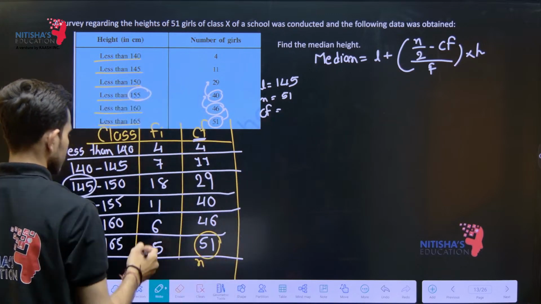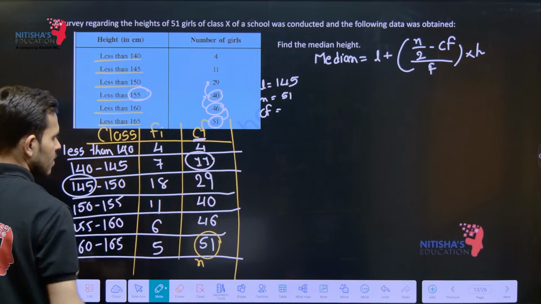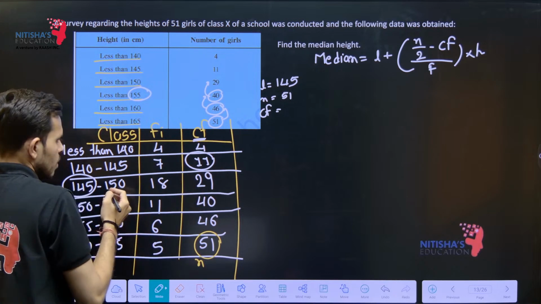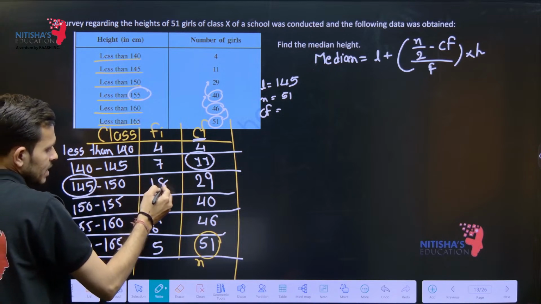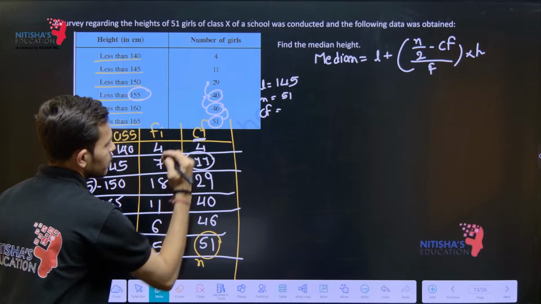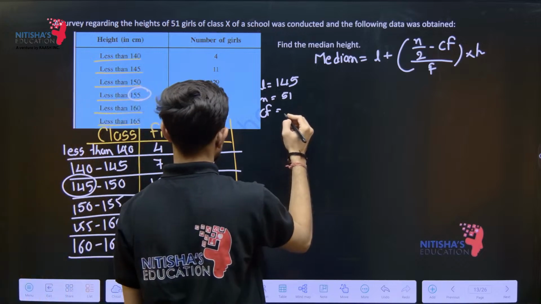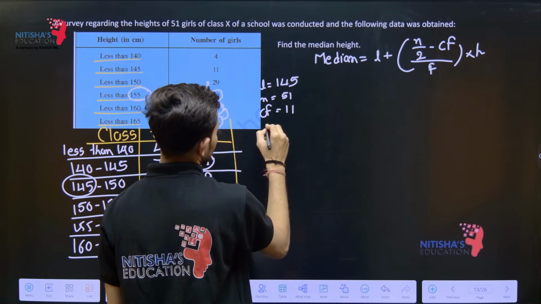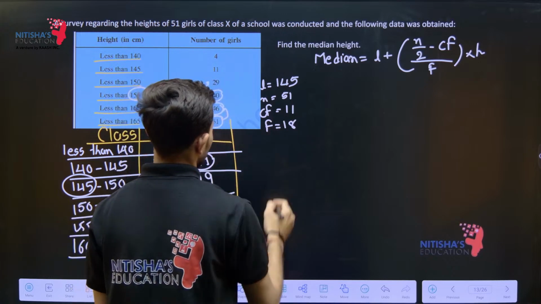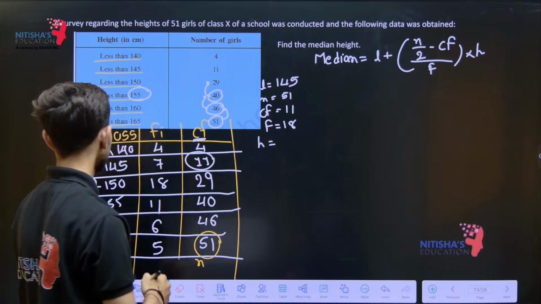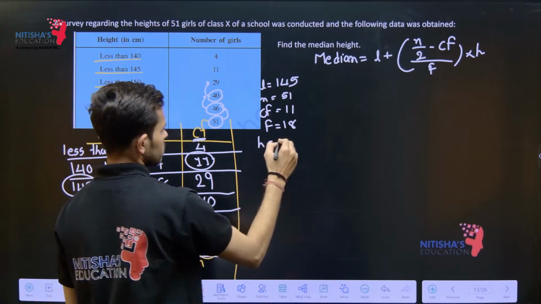The Cf that we consider is 11, because our frequency is 18, so we need to consider the previous Cf of our data. So it will be 11. Frequency is 18. And H is our class size, which is 5.